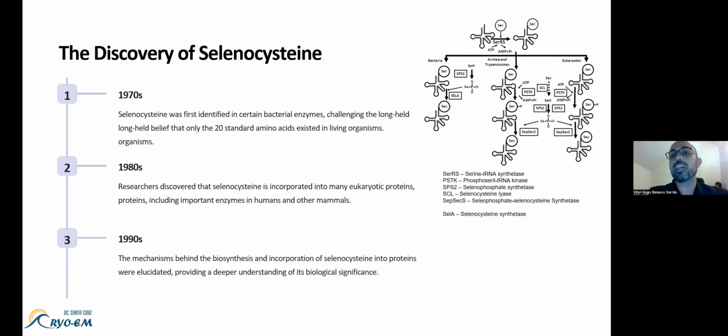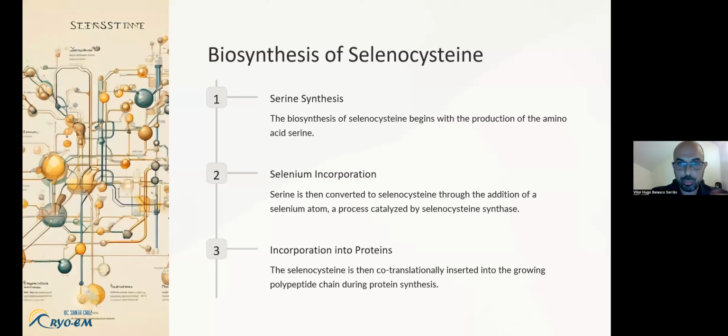And it requires a very specific machinery involving 5 different enzymes and 2 RNA elements. So 1 tRNA, which is specific for selenocysteine incorporation, and 1 hairpin in the mRNA that changes the codon to be not recognized as a stop codon, but actually a selenocysteine incorporation codon.